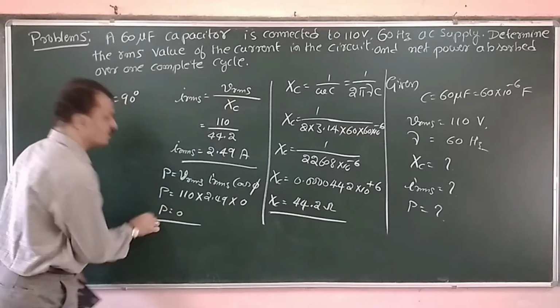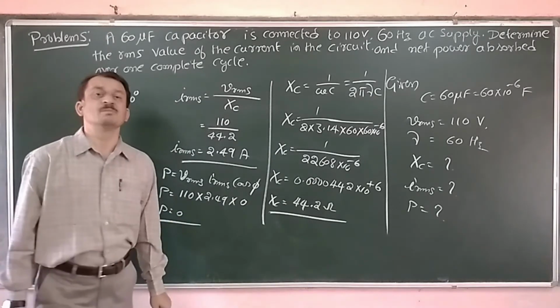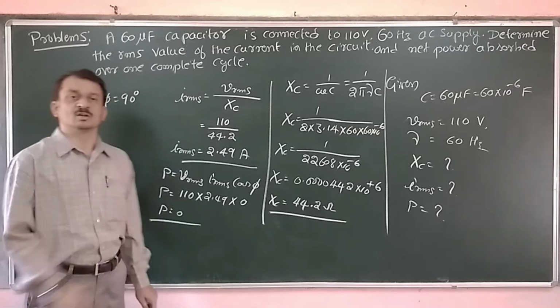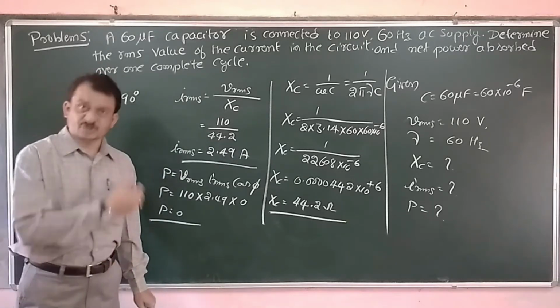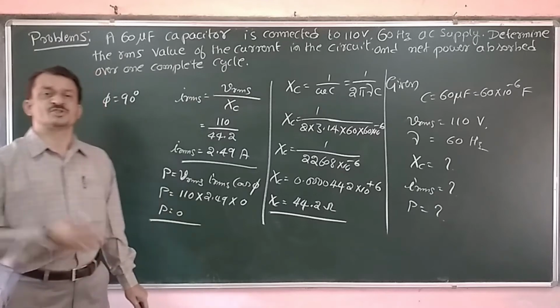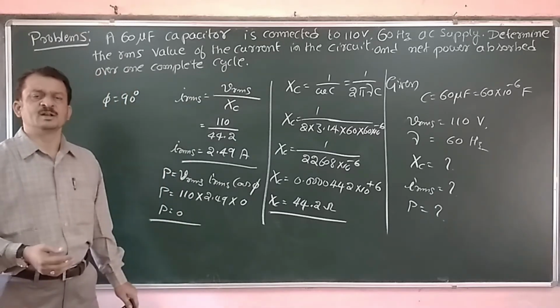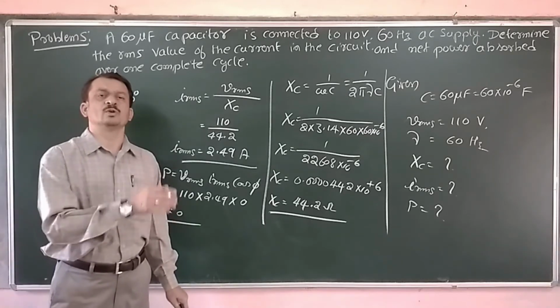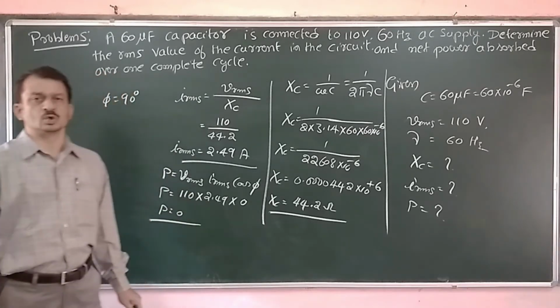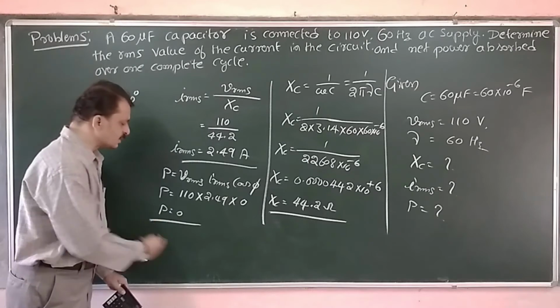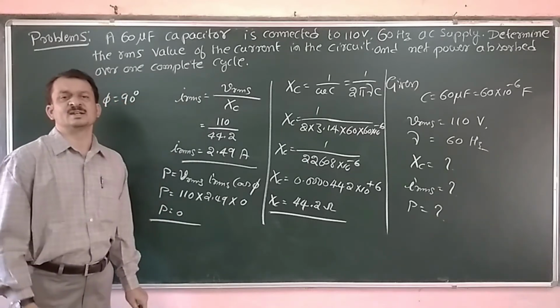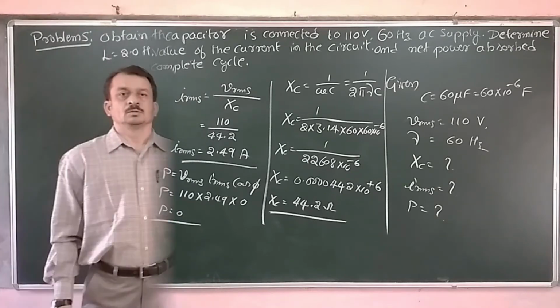Therefore average power consumed for one complete cycle is 0. That means during the positive half cycle the power is drawn by the source. During the negative half cycle, the power is retrieved or given back to the source, and hence average power consumption for one complete cycle is 0.